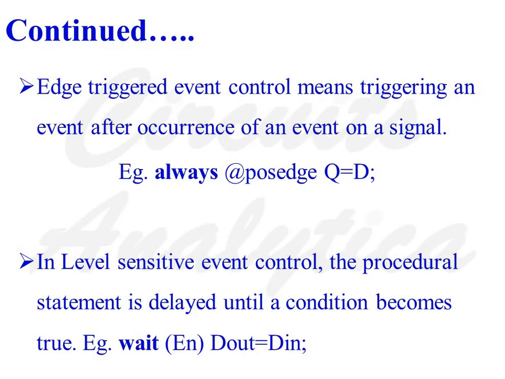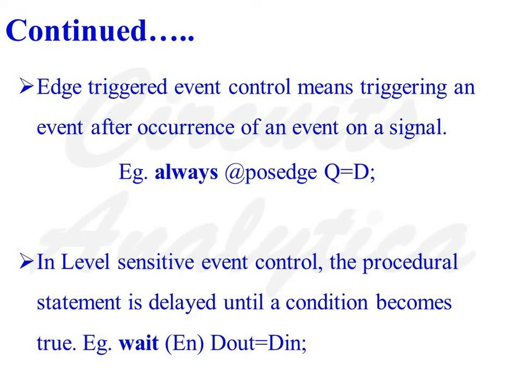Edge-triggered event control means triggering an event after occurrence of an event on a signal. For example, always @(posedge clk) q = d. In this statement, the event is an occurrence of a positive edge. So if there is a positive edge of clock, then q is assigned as d.